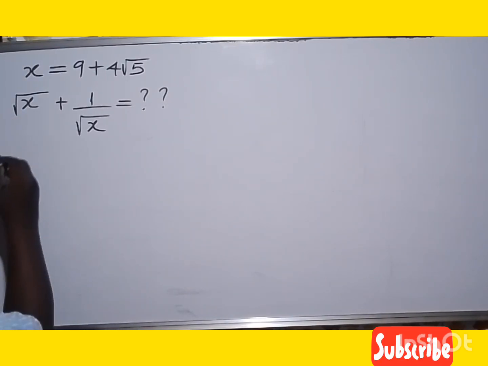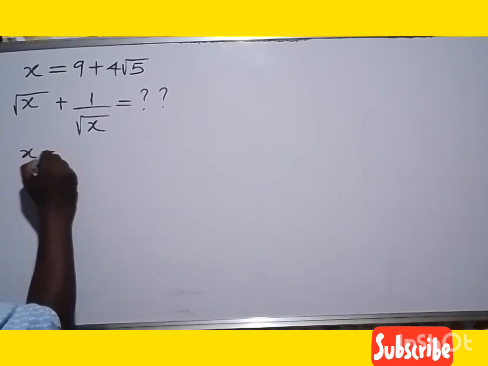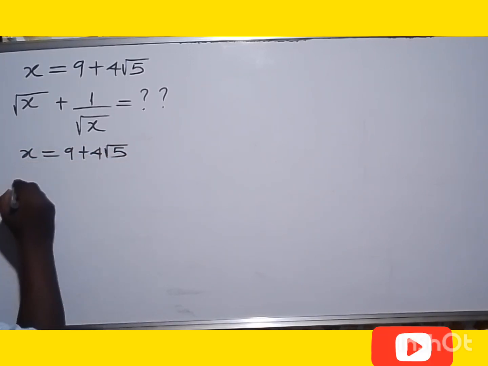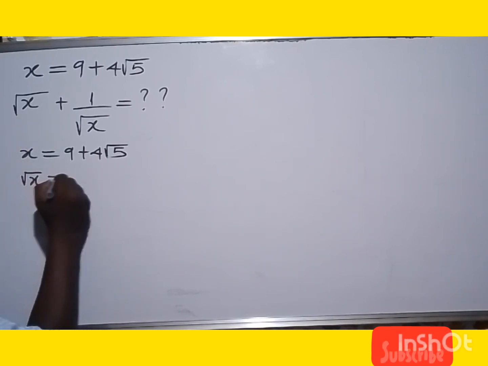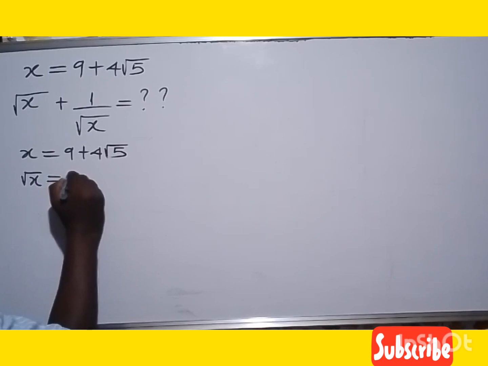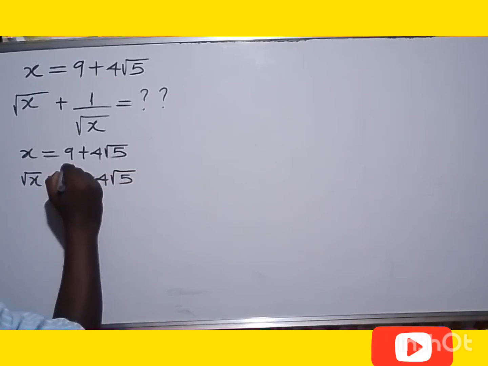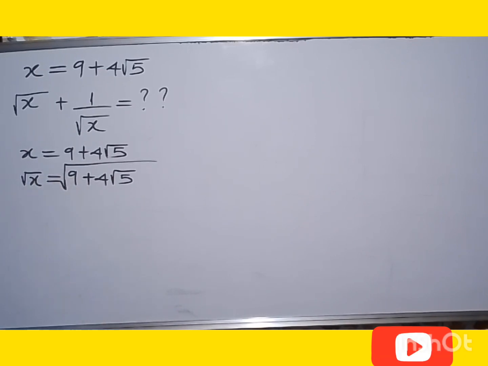We are given x is equal to 9 plus 4 root 5, and we are looking for root x. That means our root x will be the square root of 9 plus 4 root 5, everything having a root sign.